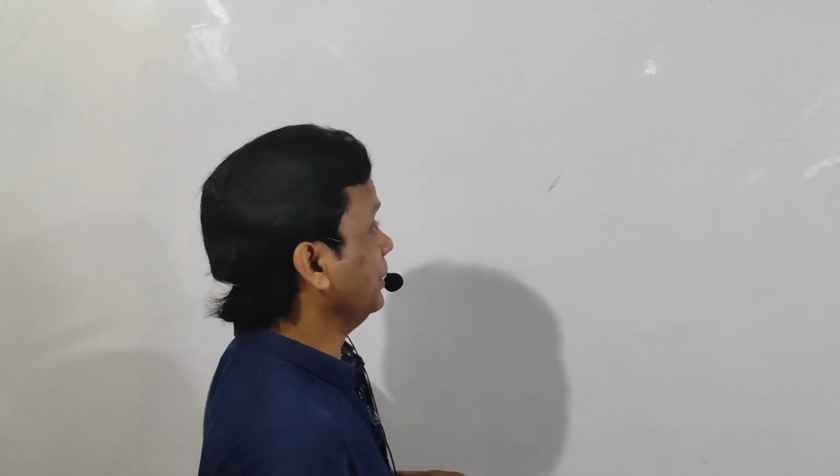It looks very complicated actually. Many students are saying, sir, it seems to be very complicated. So, how to do this one? Practically, it is not complicated. Rather, it is very interesting. So, let us see how to do this one.